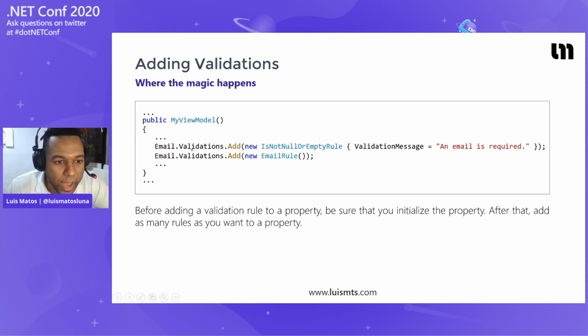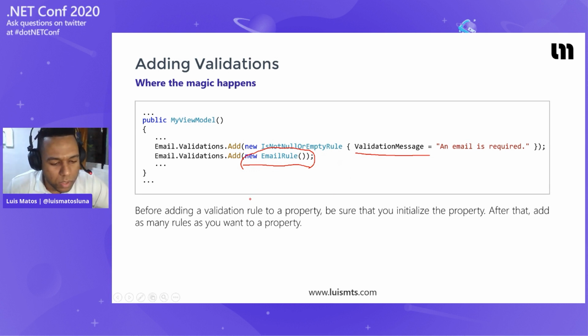We have a validation there, the is not null or empty rule, and we set a message. And the other one is the email rule. If we want, we can just set those validations in this rule, but that is going to depend on what you need, right?